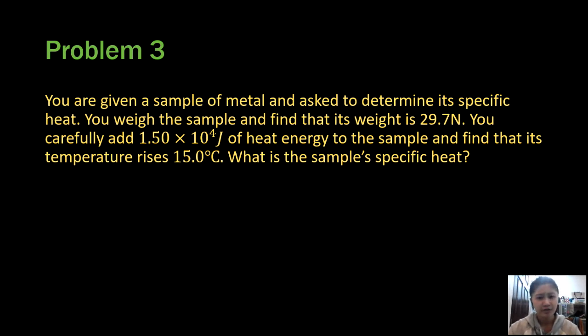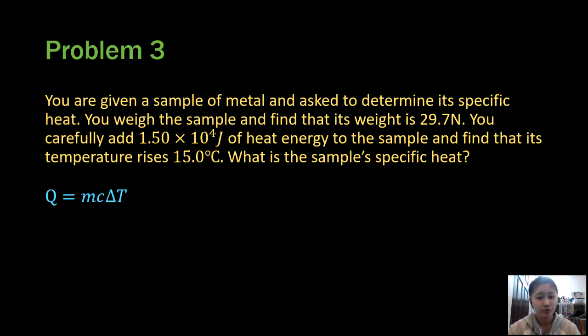Since you're given the weight, or the force, and you're also given the heat energy transferred, which is 1.50 times 10 raised to 4 joules, and you also have the change in temperature, which is 15 degrees Celsius, with those given values we would use the formula for heat energy transferred.